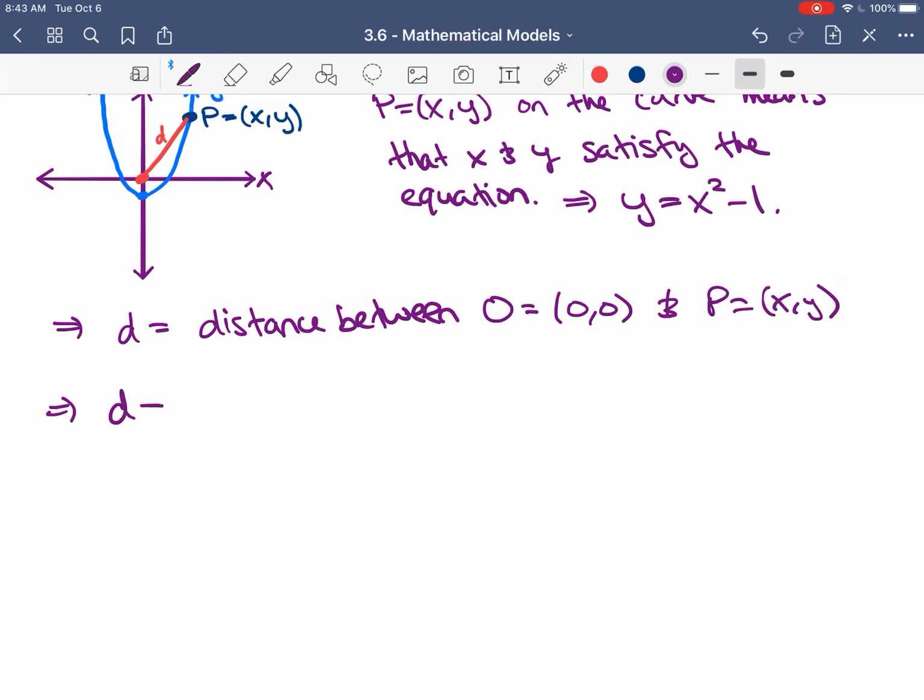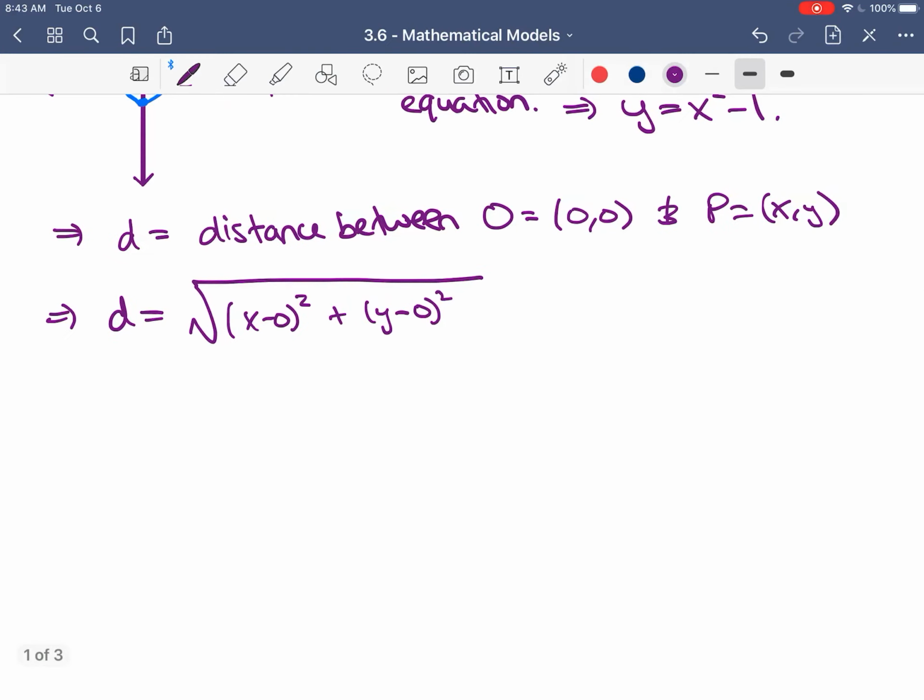So the formula for D means that this is going to be the square root of x minus 0 all squared plus y minus 0 all squared. That's just using the distance formula.